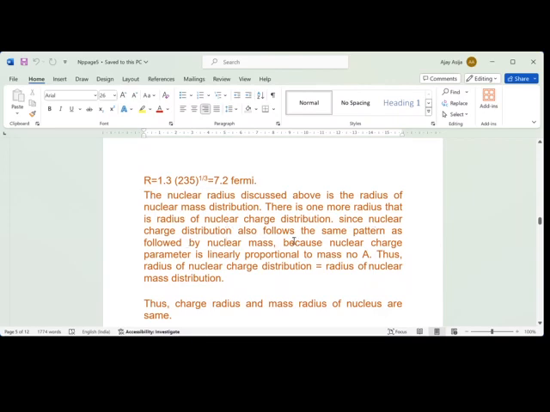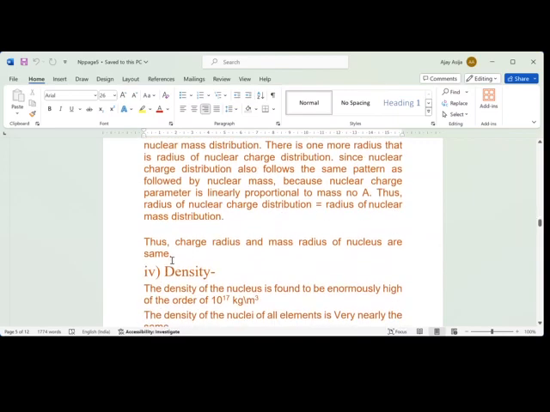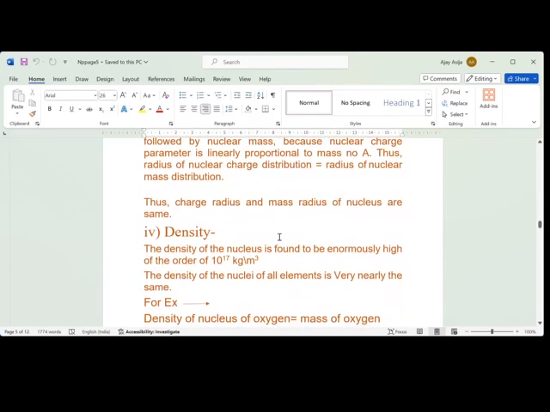Since nuclear charge is linearly proportional to mass number A, nuclear charge distribution and nuclear mass distribution follow the same pattern. Or we can say that nuclear charge and nuclear mass are both distributed in the same sphere. Because the spheres are the same, the radius of nuclear charge distribution is equal to the radius of nuclear mass distribution. The charge radius and mass radius are the same thing.